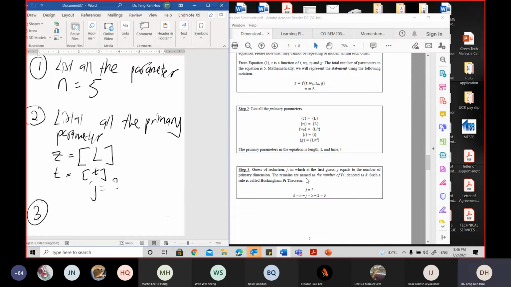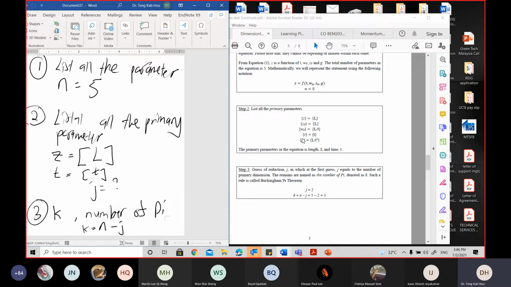And the next step, you get the k value. What is meant by k value? The k value is the number of pi. That means how many equations I need to write to get my overall equation finalized. So your k is n minus j.